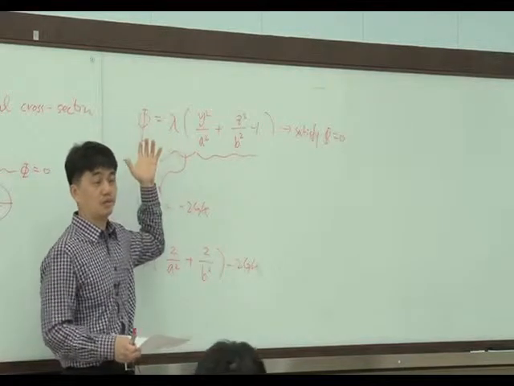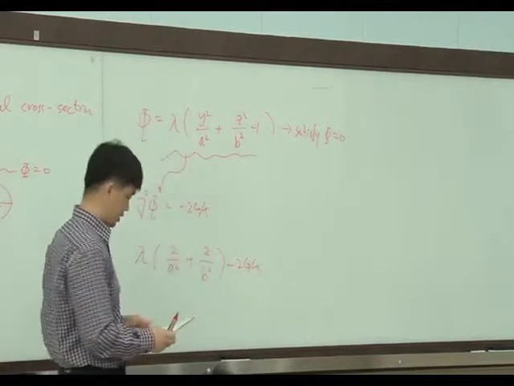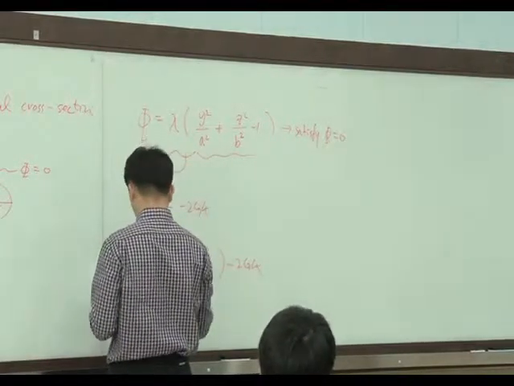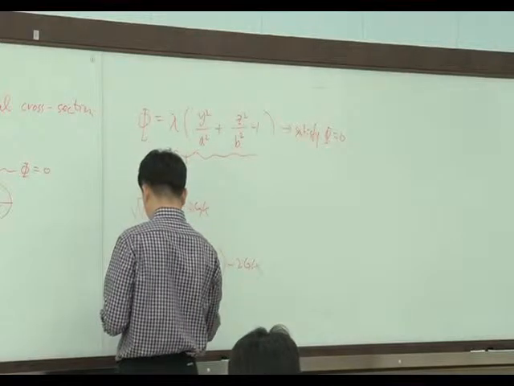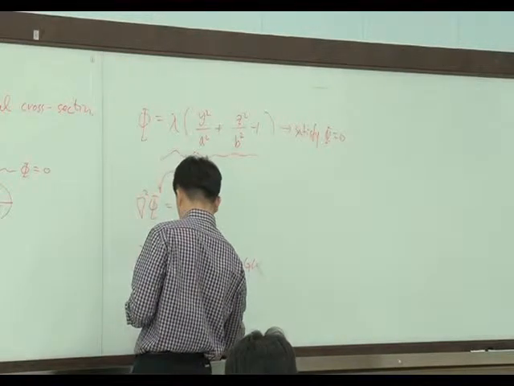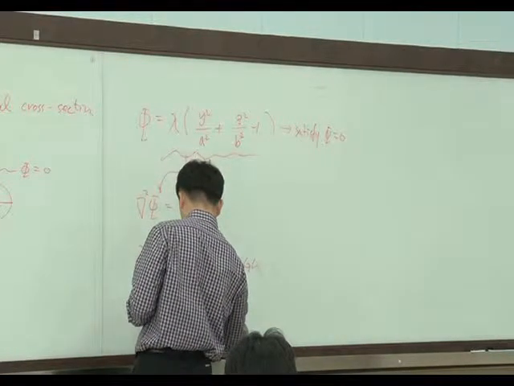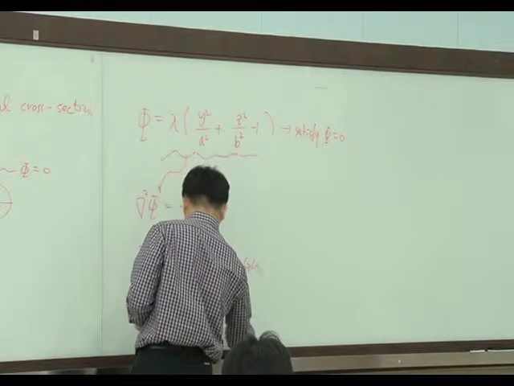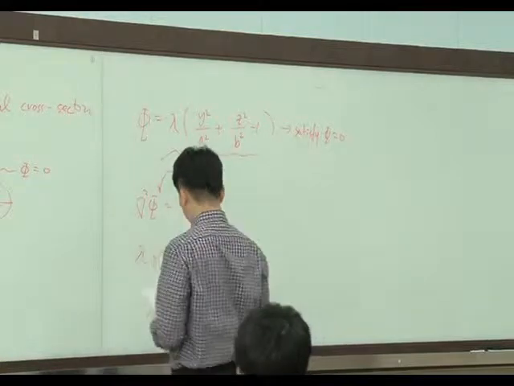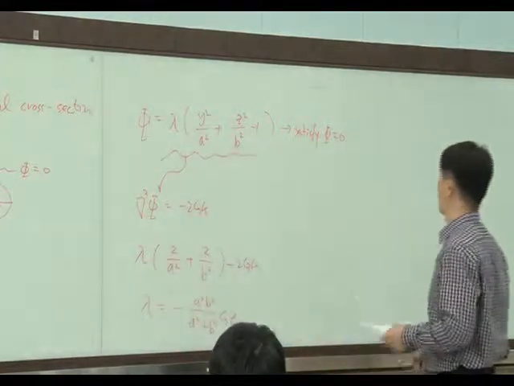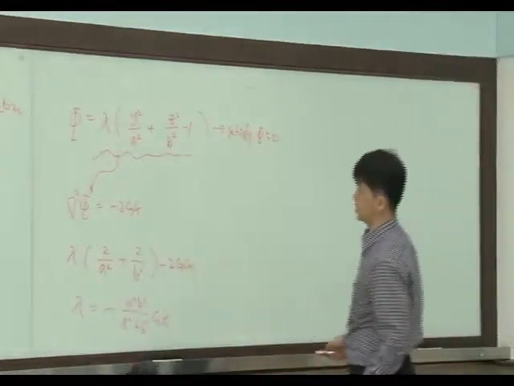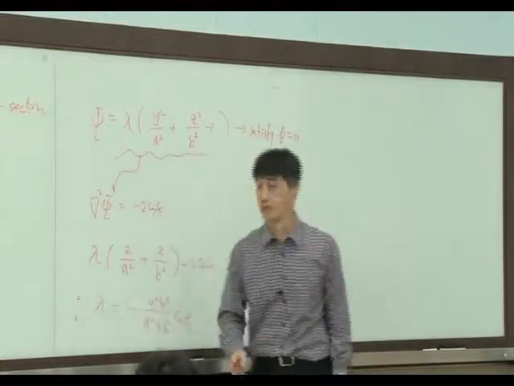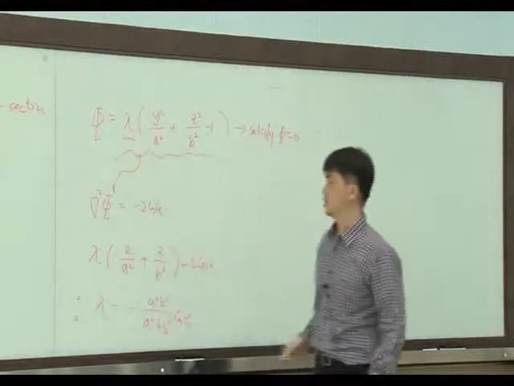If we calculate lambda, we can find the solution. So if we put this equation in here, we can find lambda. Lambda becomes minus a squared b squared over (a squared plus b squared) times Gk. So now we have found the solution for the stress function, because we found lambda, right?